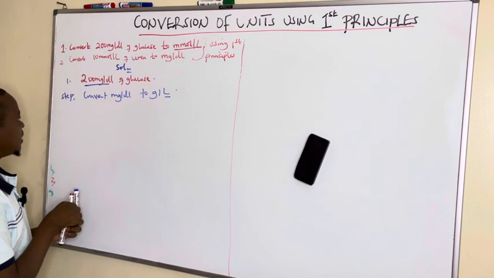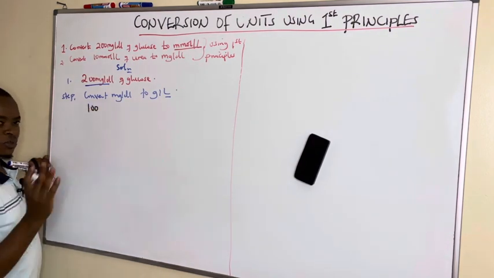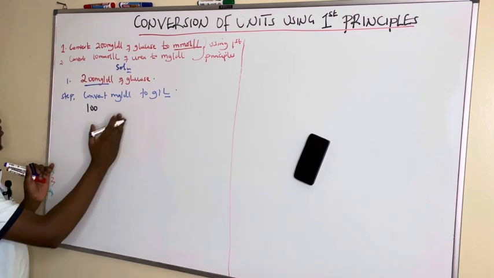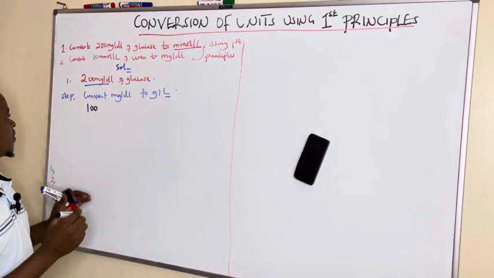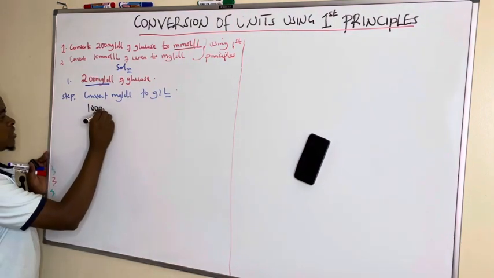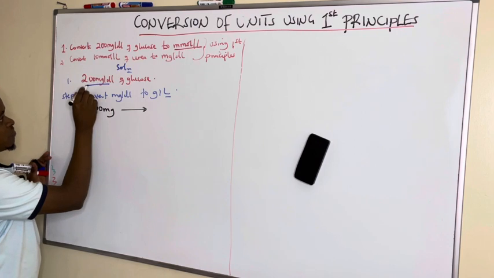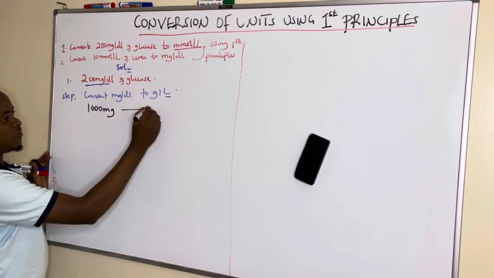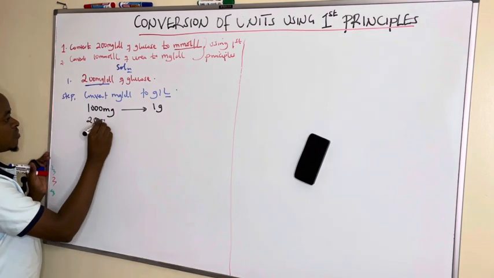We know that 1,000 milligrams are equivalent to 1 gram. Always begin with milligrams, which you have; don't begin with grams, which you don't have. So what about 200 milligrams?